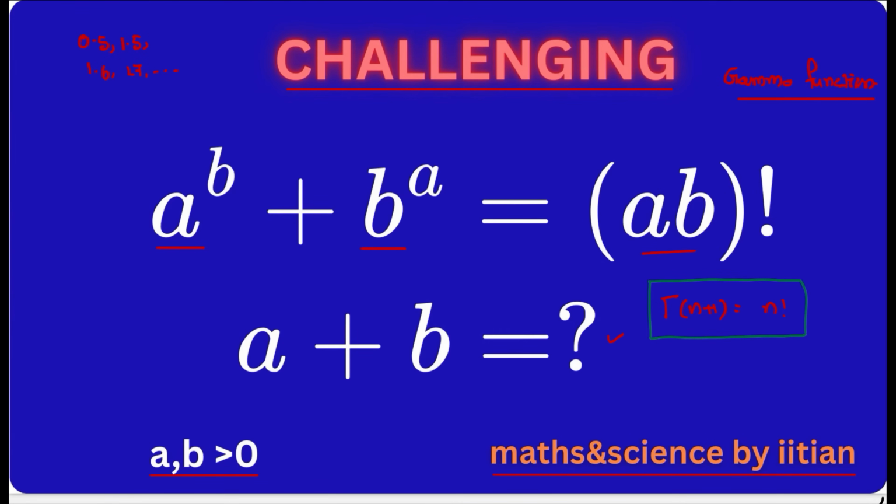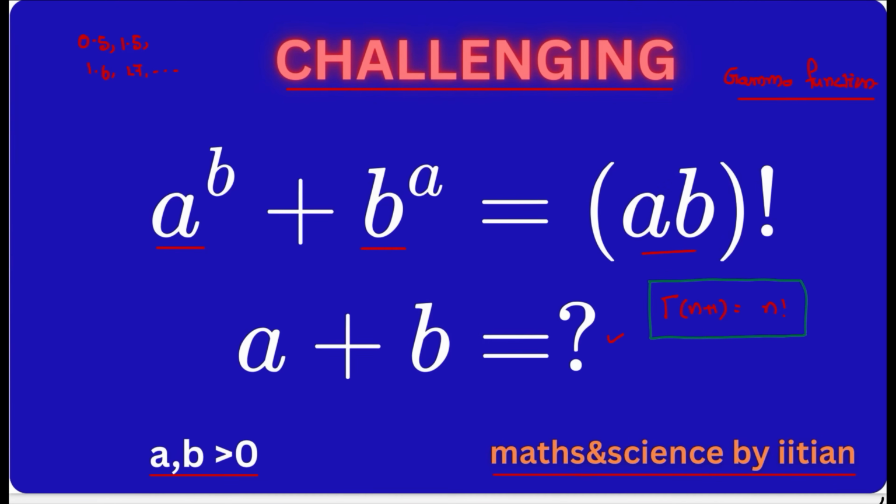Regarding the gamma function, in the last 3-4 lectures I have explained the definition of the gamma function and its different properties, and how it can be used for finding out the factorials of fractions, like factorials of 1.6, 1.7. It can be any real number factorial.